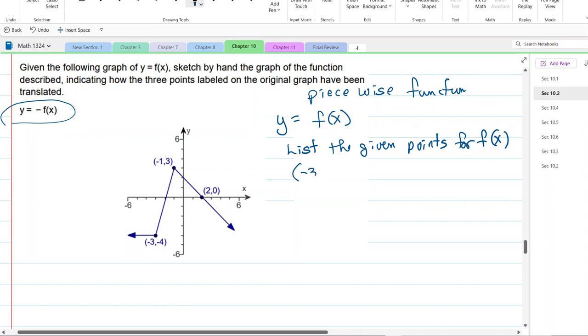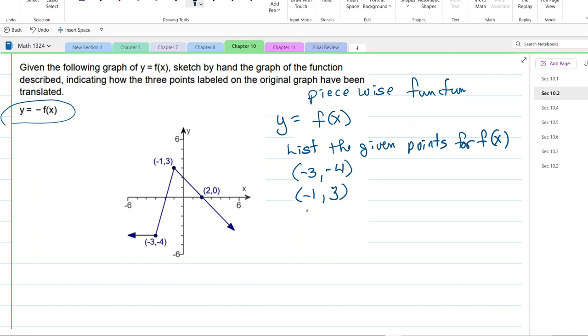I have a -3 and a -4. I have a -1 and a 3. And I have a 2 and a 0. Now, what are we changing? Changing the y value to the opposite sign.